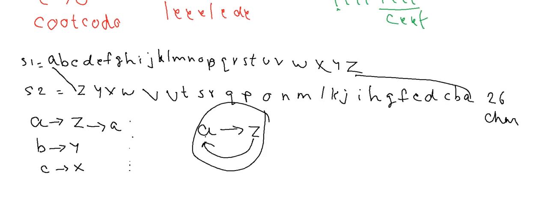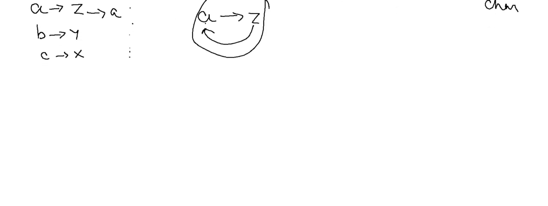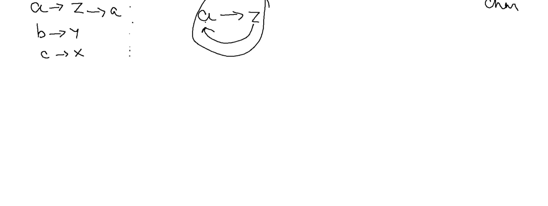So I'll take one small example and I'll show how to break this cycle. Okay, so for example, suppose you are given a string S1 is equal to A, B, C, S2 is equal to B, C, A.